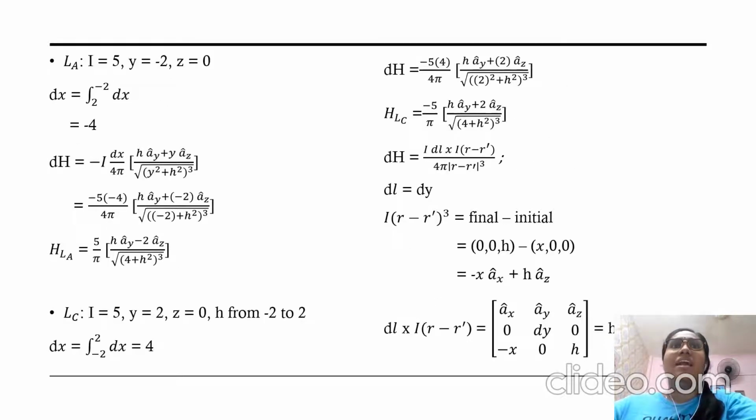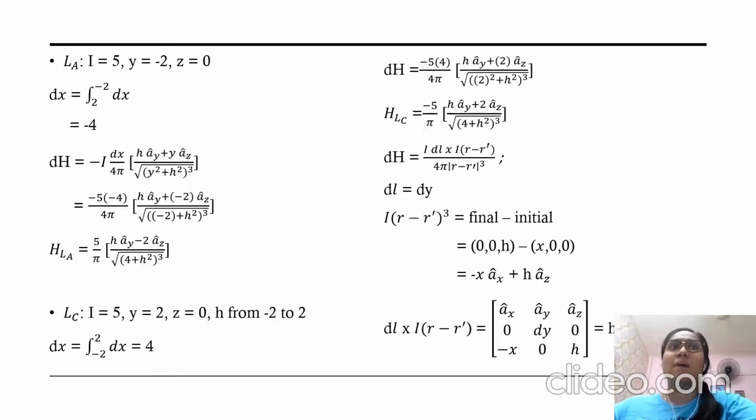Then, as we said just now, assume LA is equal to the given coordinates. The current is the same, which is 5 ampere. Now y equals negative 2 and z is equal to 0. So you have to integrate dx, from negative 4 to 4.